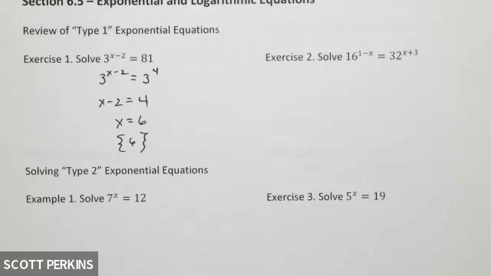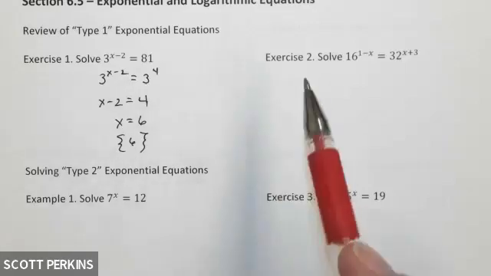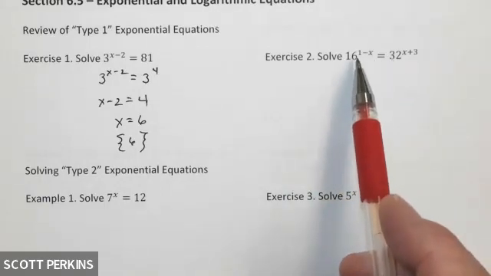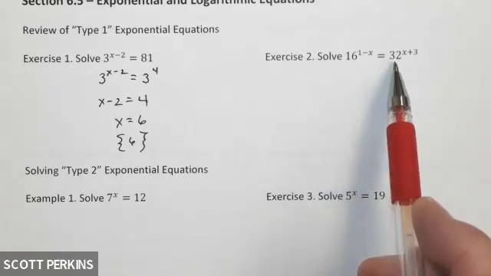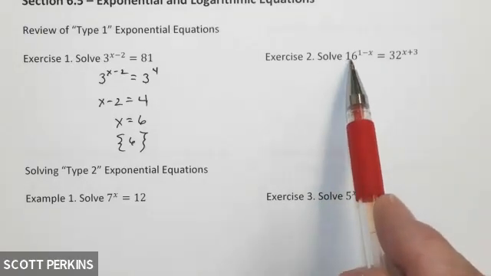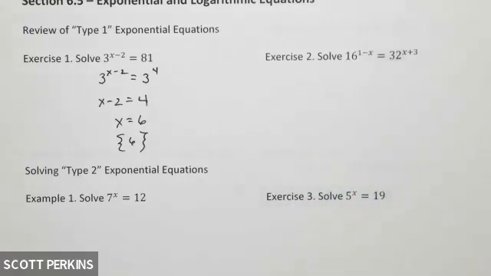Just to give everybody a nudge, what base can I write both sides of this in terms of? 2. Yeah, 2 is going to be the best thing to use. So if you hadn't started that, convert 16 and 32 to 2 to some power.